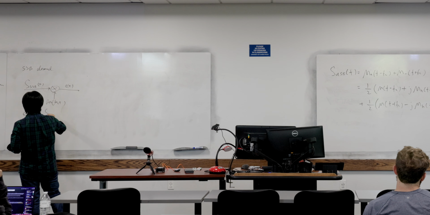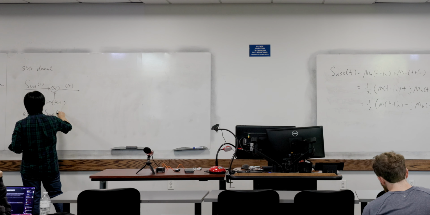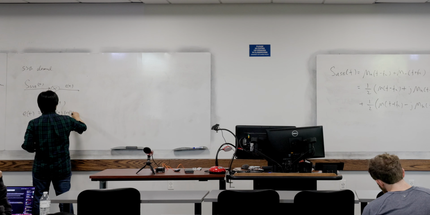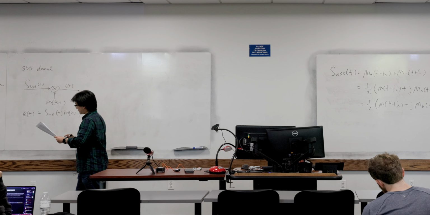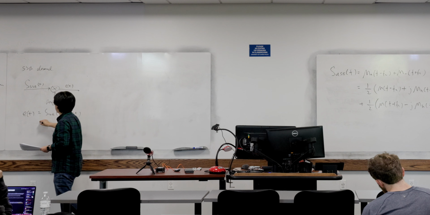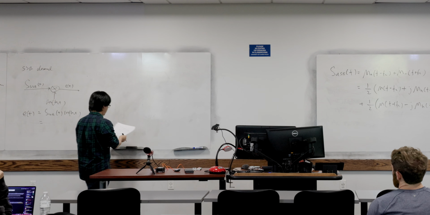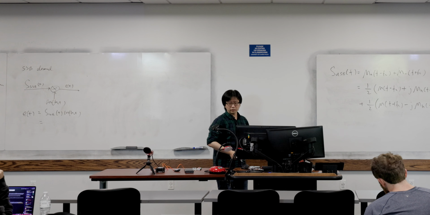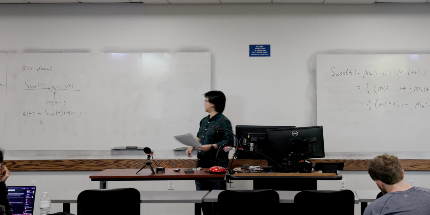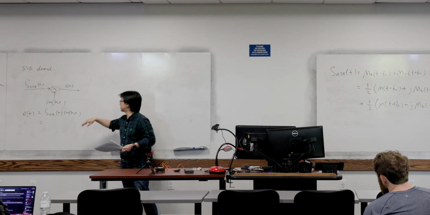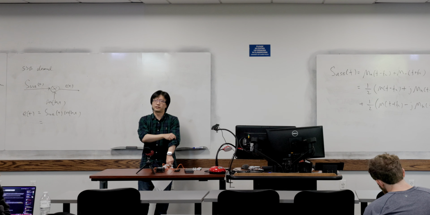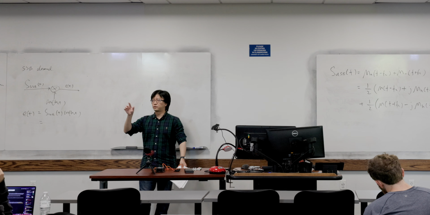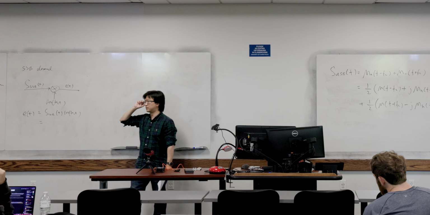So that's equal to s_SSB(t) cosine omega_c t. And SSB is nothing. Yeah, I use USB, but it doesn't matter. I just make it more general, so just write USB, LSB. There'll be only a sign difference, so it's not a big deal.